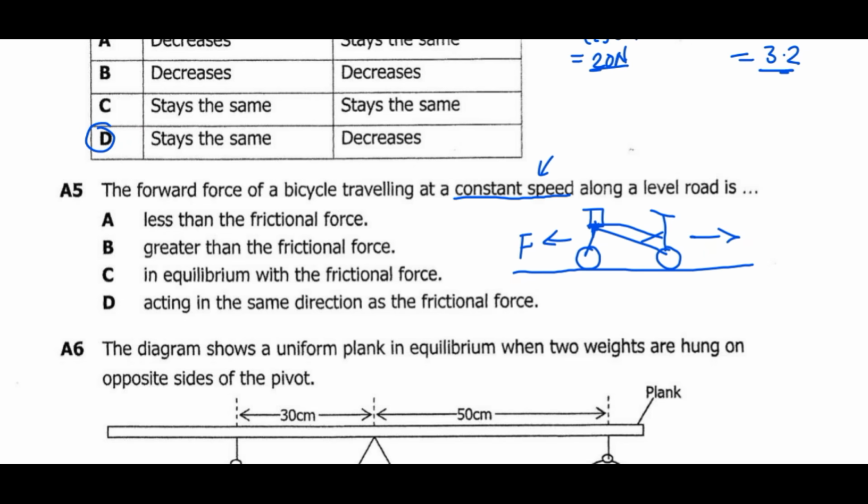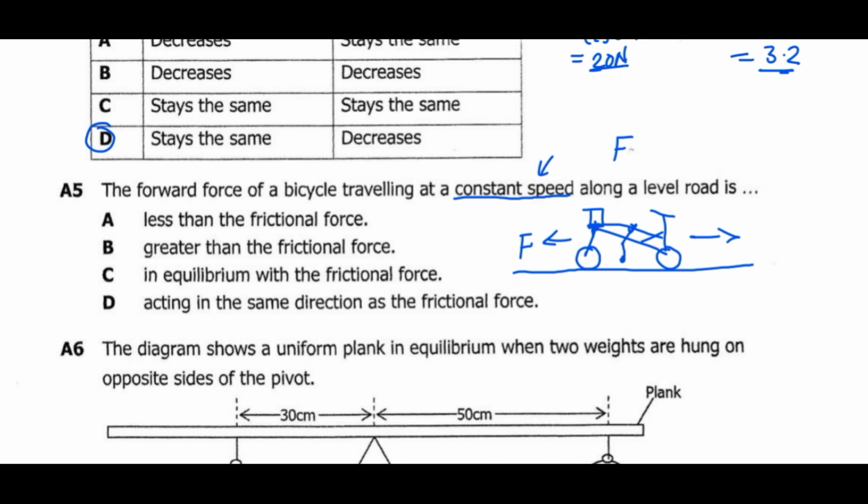Then the force that is making this bicycle move is the force being applied by the individual here. Now the question is, the forward force of a bicycle traveling along the level road is... Now this question is the same as looking for the resultant force.